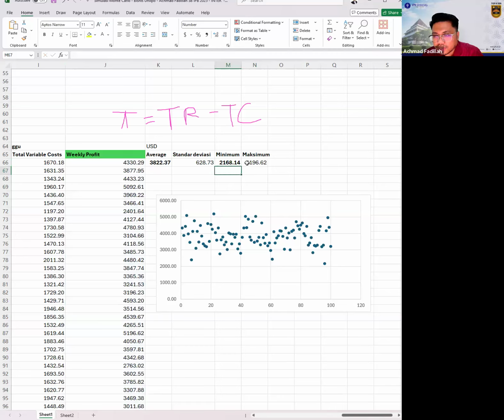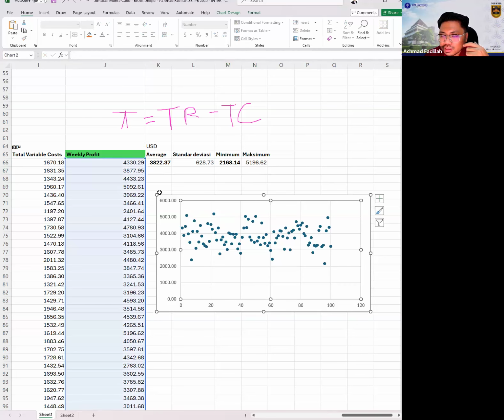You can get a maximum of 5,000, but sometimes you get only 2,000. This reflects the real-world situation of the business: sometimes on average you get a profit of 3,800 something, but in the real world you can get below this average, and even get a maximum more than that.